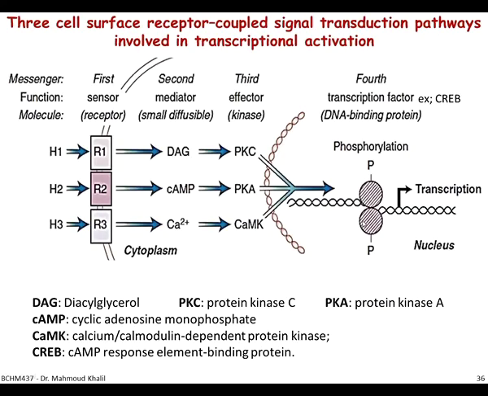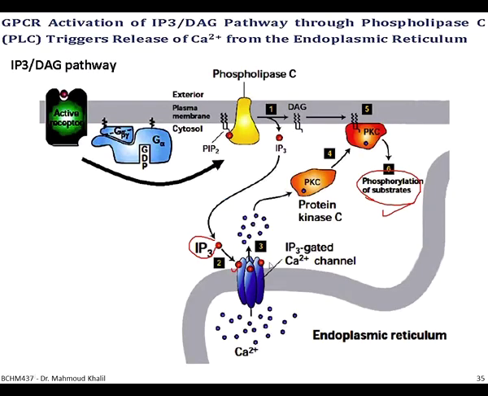So you can see here that there is a lot of signaling occurring due to the effect of the signal that binds on the surface of the plasma membrane. So where is the second messenger here? You can see that the IP3 is considered to be a second messenger.